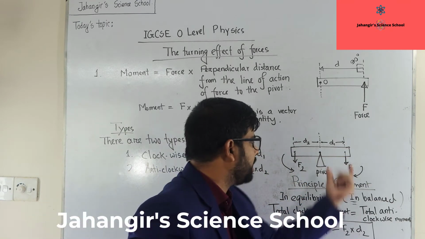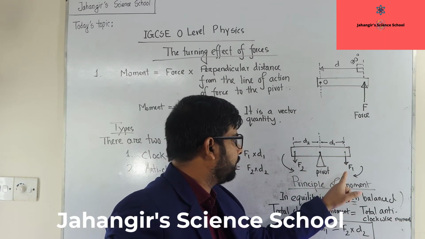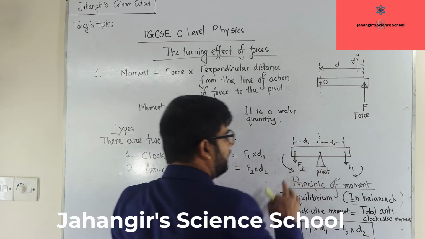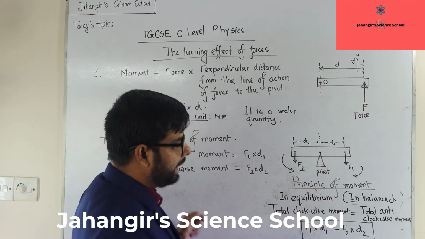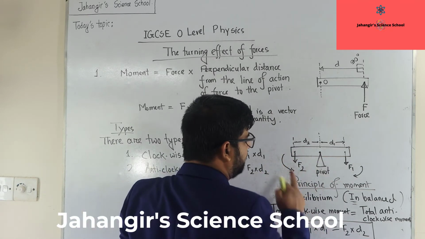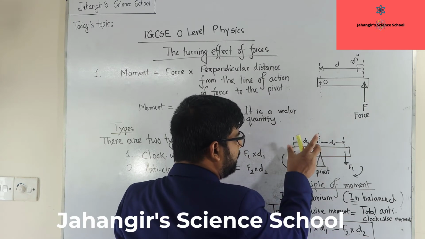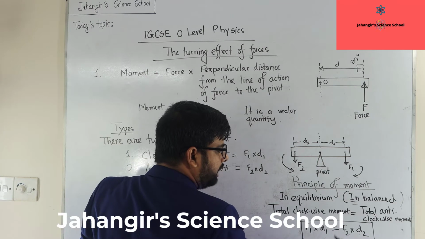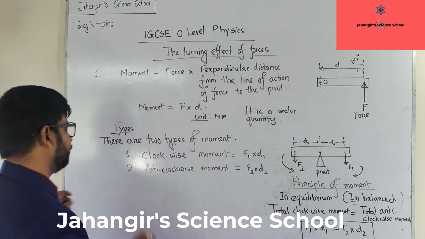So total clockwise moment, force F1 into perpendicular distance D1, equals total anti-clockwise moment, force F2 and perpendicular distance from the pivot D2. So F1 into D1 equals F2 into D2.